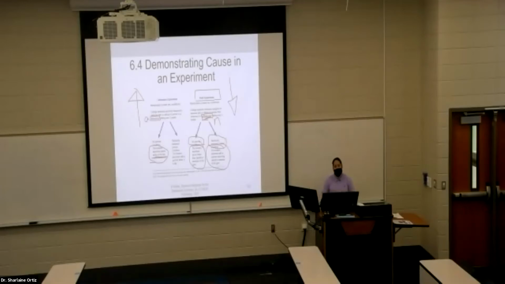That's one benefit. However, the downfall of a laboratory experiment is that it's immensely artificial, right? Things don't occur in a lab as they would in the real world and vice versa. That is one limitation.